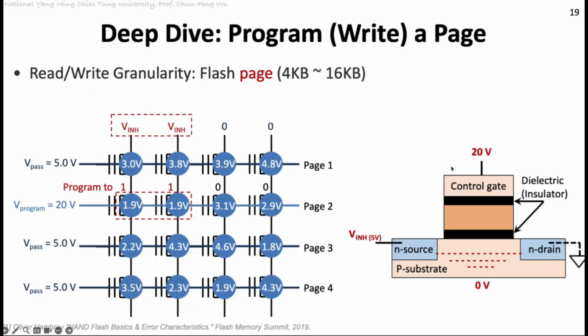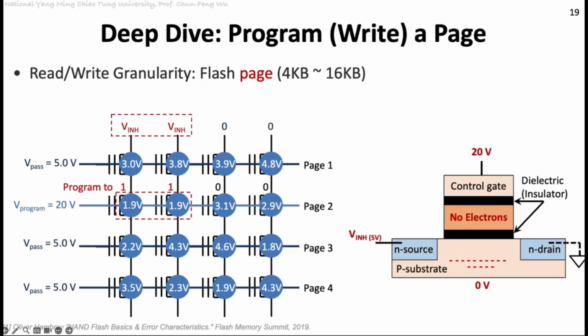If we give 20 volt, then a lot of electrons are excited. Those delocalized electrons generally should be moved into the floating gate, right? But the thing is, there is another direction of electric field here, a 5 volt electric field.